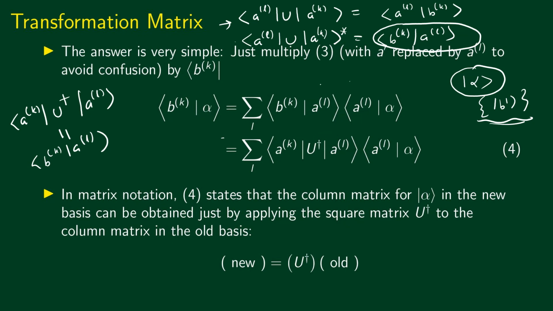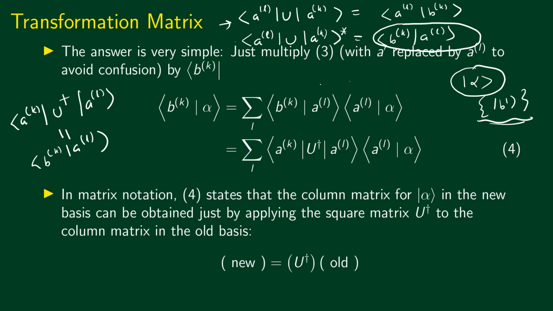Now we see that this is in the form of a matrix multiplication. You have got the kth row of U dagger here, and we can write this as the elements of a column matrix with one index, alpha l. These are the matrix elements of the column matrix in the old basis. This would be the matrix elements of ket alpha in the new basis. They are related by the matrix U dagger, the matrix representation of U dagger in the old basis.